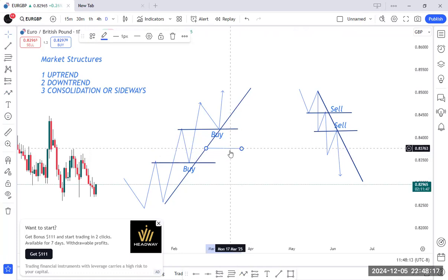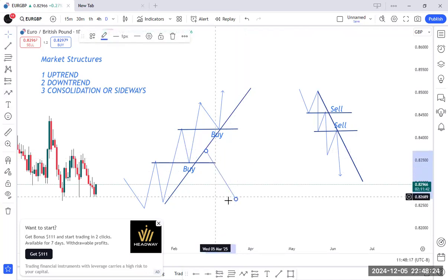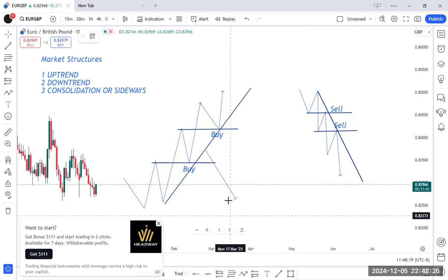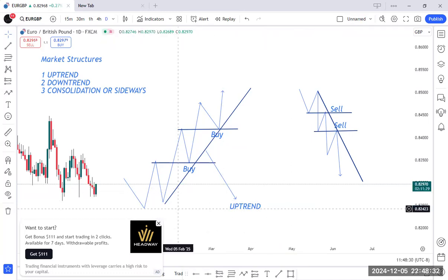This is an uptrend. This is an uptrend, and then this is a downtrend.